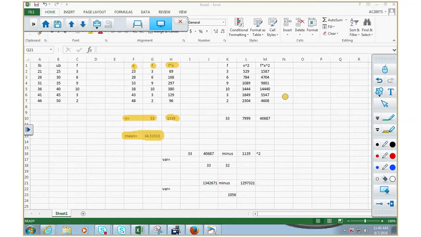And then you plug all that into the formula. Now, I've done steps right here to show you where everything goes. So I want you to take those numbers and I want you to plug them in to that formula.